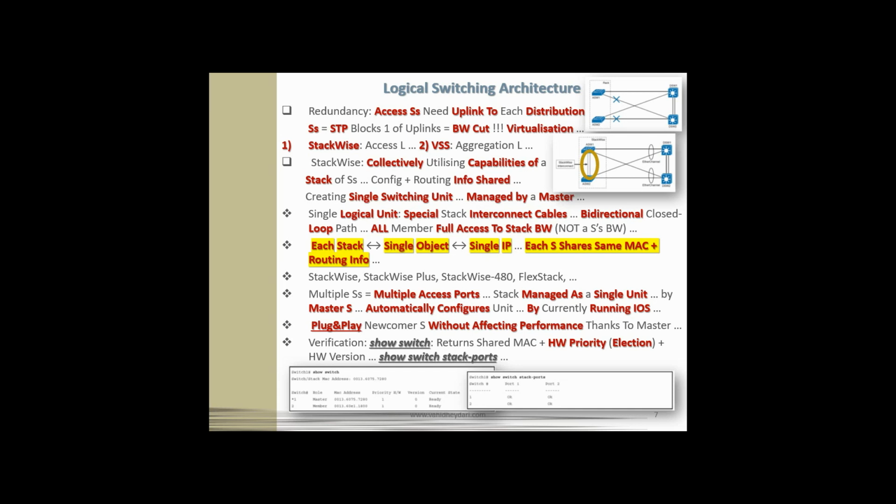The stack, i.e., up to 9 switches, is managed as a single unit, and this, of course, reduces the number of units that you have to manage as a network administrator in your network. Switches can be added to or removed from a working stack without any effect on stack performance. And this is the good news, and this is what we are after.